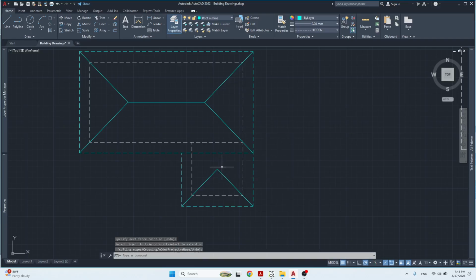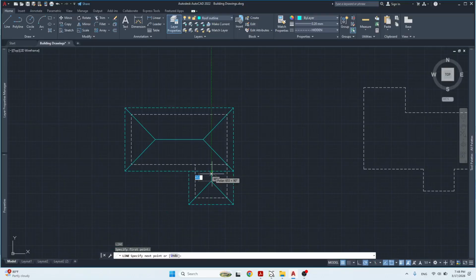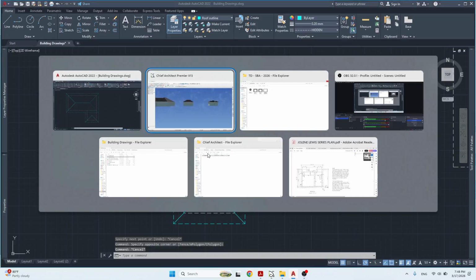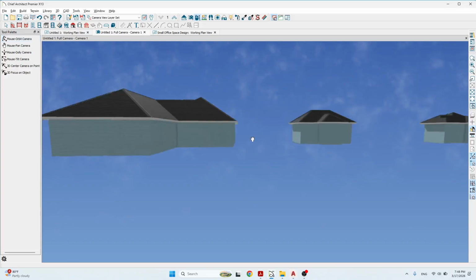So where these two hip rafters meet, that's where my ridge is going to go. I'm going to draw a line. Now if you notice, remember what I said, the ridge for this side is never going to be the same height as the ridge from this side. This ridge is going to be higher than it is over here, just like it is for this example.